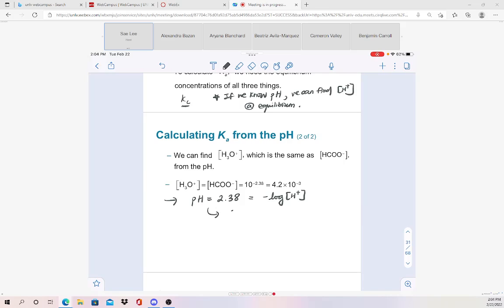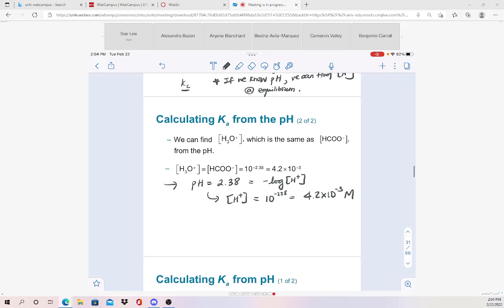In order to find concentration of proton, you just have to do the anti-log of negative 2.38, which is 4.2 times 10 to the negative 3 molar. This is at equilibrium.